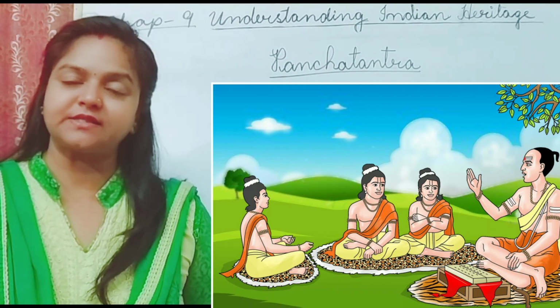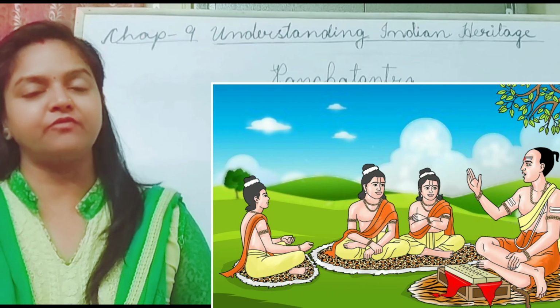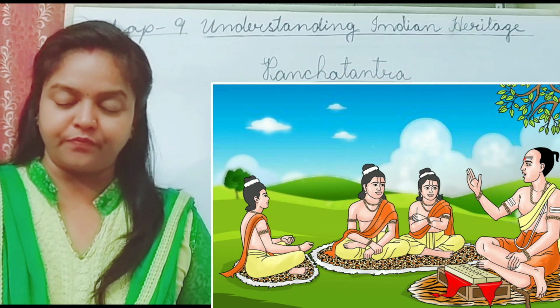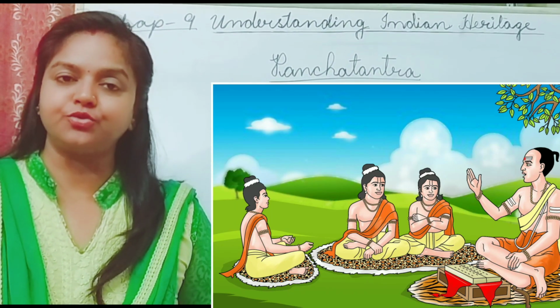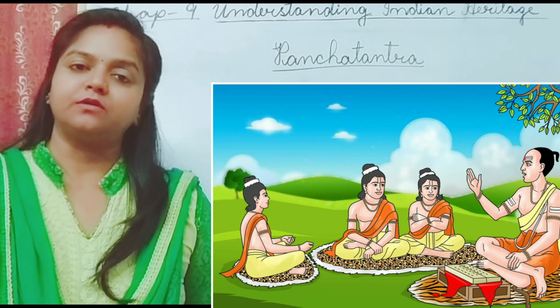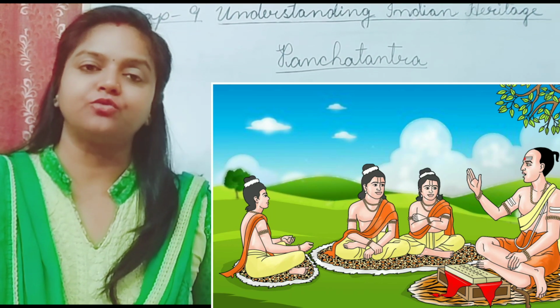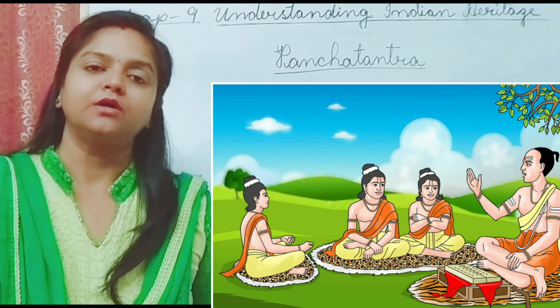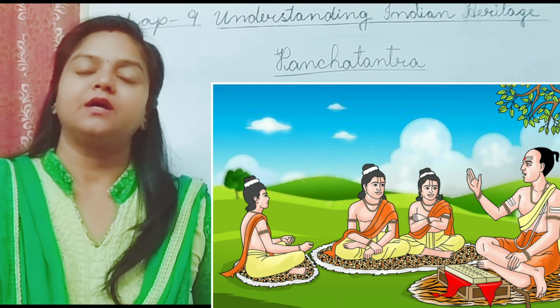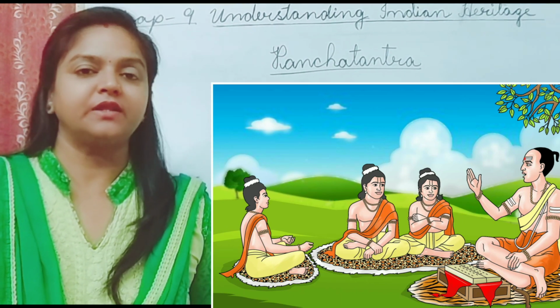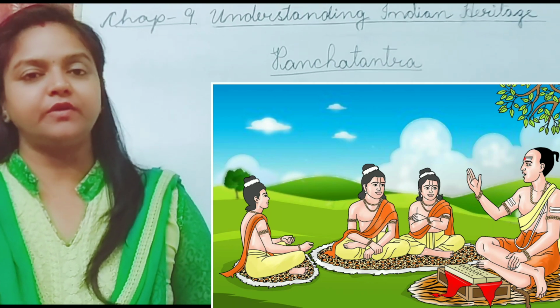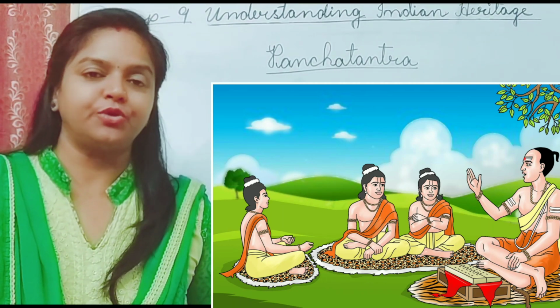King Sudarshan accepted this proposal and invited Vishnu Sharma, and he offered a huge donation to the scholar Vishnu Sharma, and he told him that if he could educate his sons and make them wise, then he would give him a huge donation.